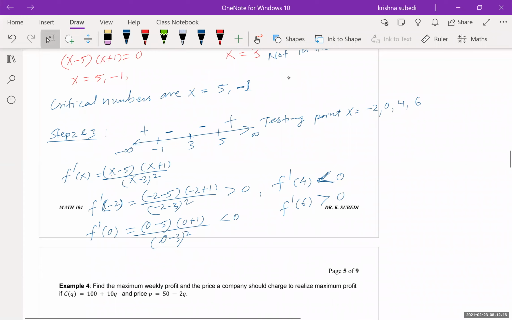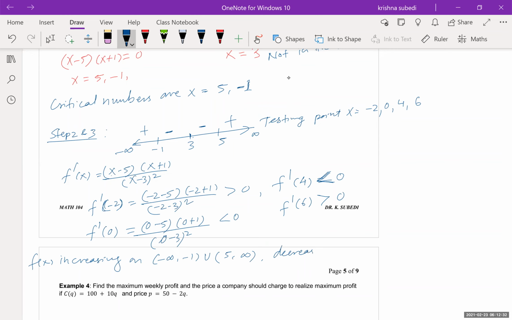So we already know that f of x is increasing on the interval -infinity to -1 and 5 to infinity, and decreasing on the interval -1 to 3.